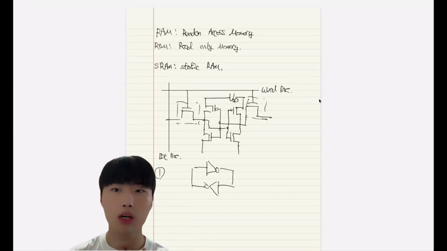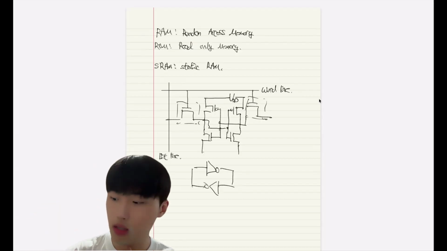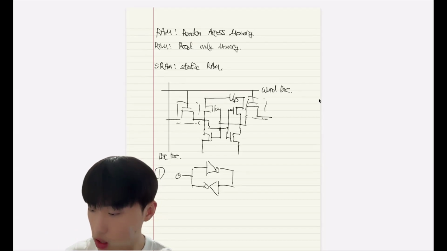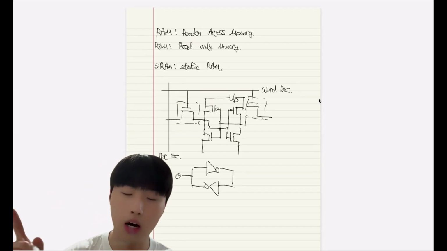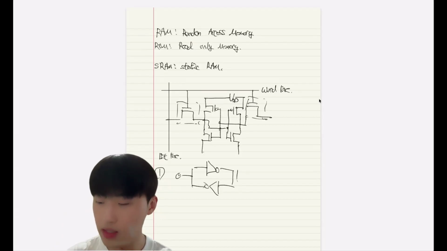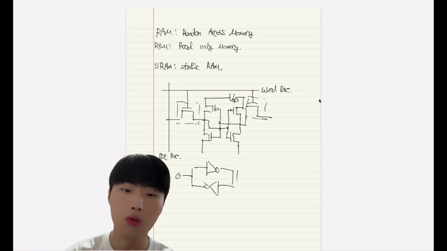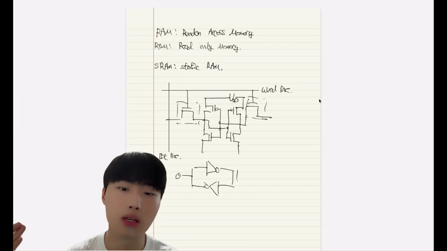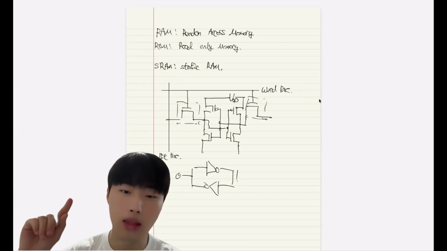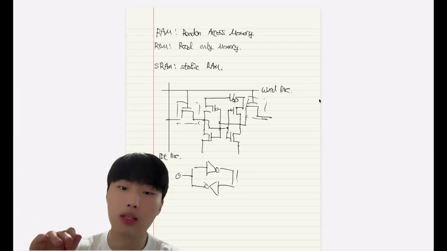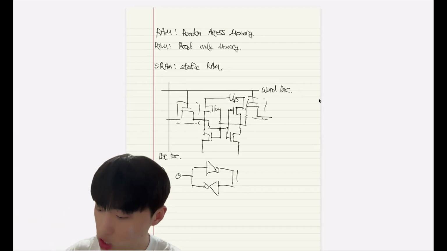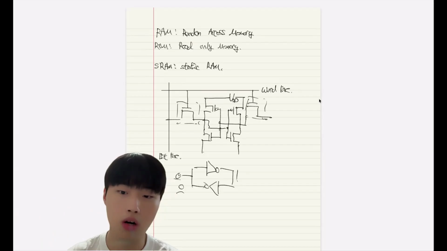With an even number of inverters, when we put zero in, the first inverter's output will be one, the second inverter's input will be one, and the second inverter's output will be zero. So the memory is sustained.